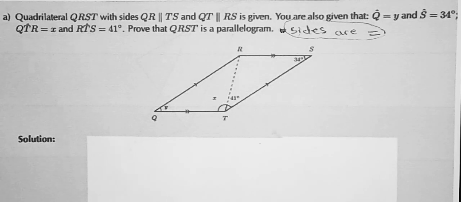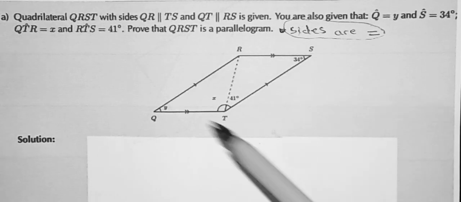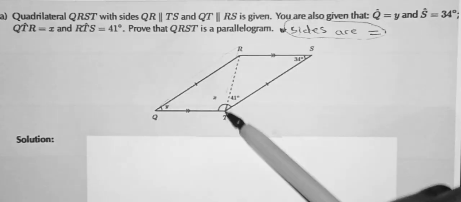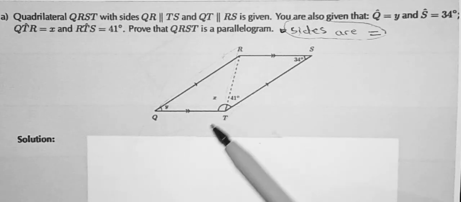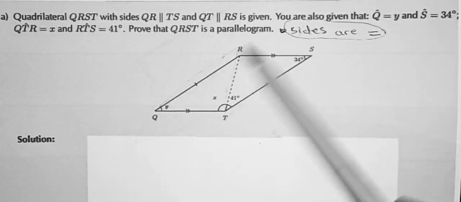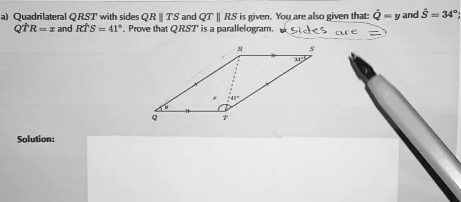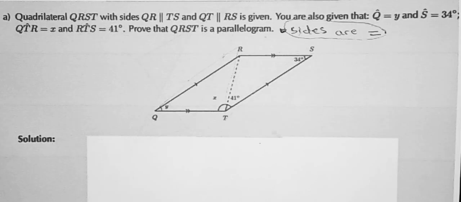So first of all, I'm going to start with identifying this quadrilateral shape. I can see that I have an alternate angle and also another alternate angle, because of parallel sides. They've given us that the opposite sides are parallel to one another.